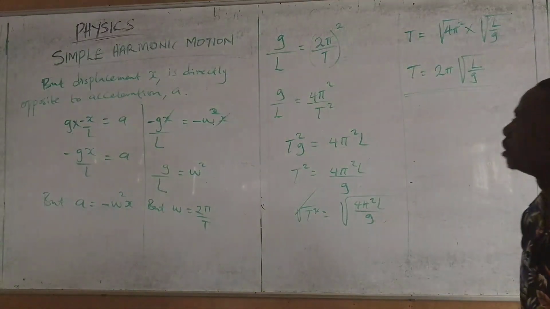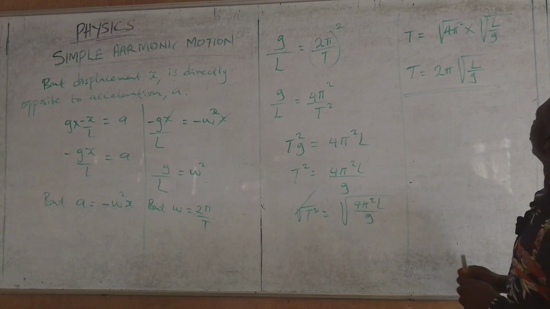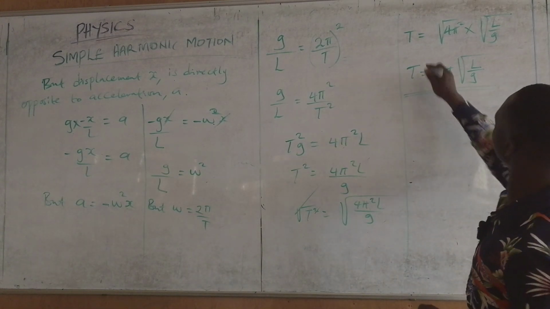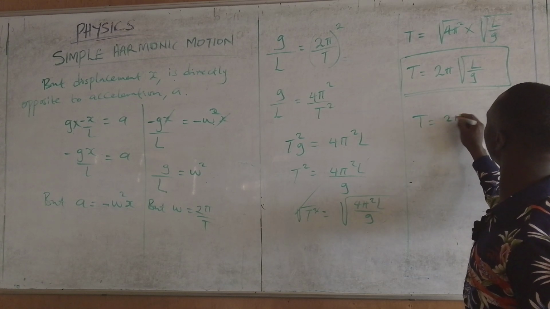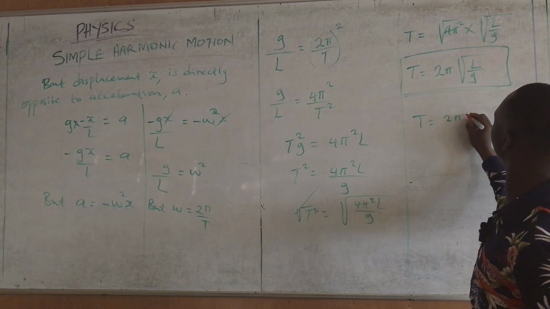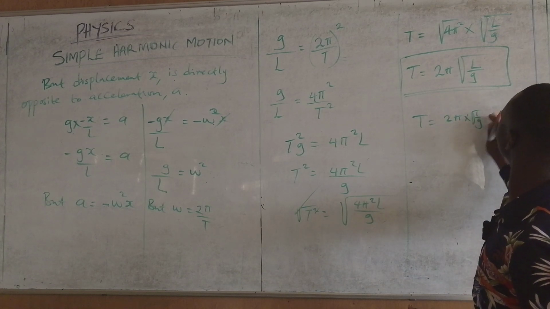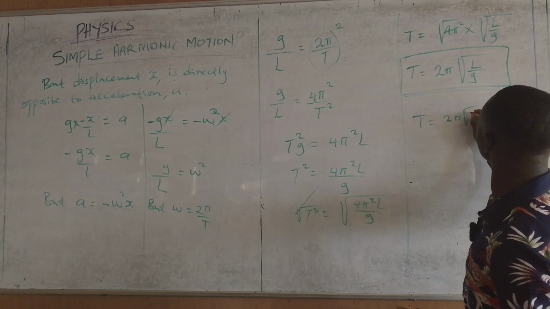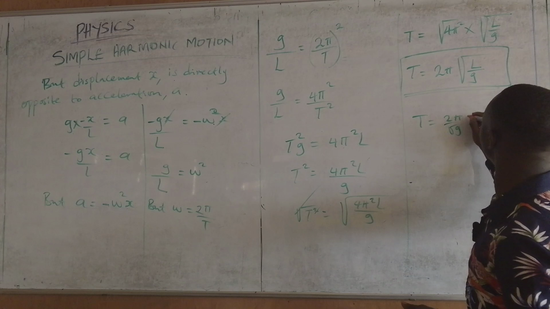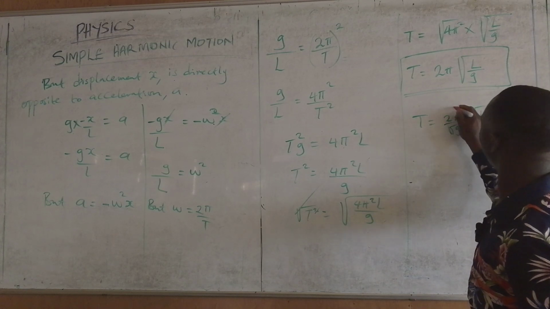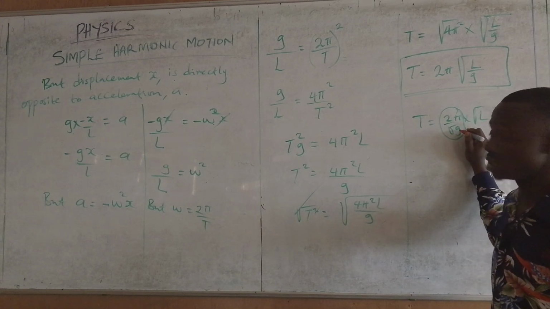Now it doesn't end here. There's a very important formula that you can also bring up from here. Although this is the formula we are looking for, if I rearrange, T equals 2 pi times root 1 over G, or 2 pi over root G, times root L. I can treat the whole of this as constant, since pi is a constant, G is also a constant.